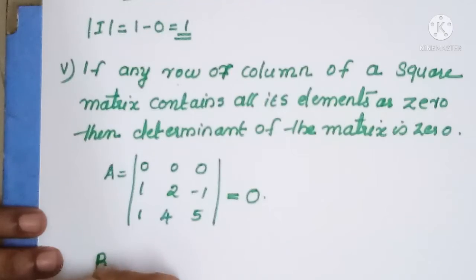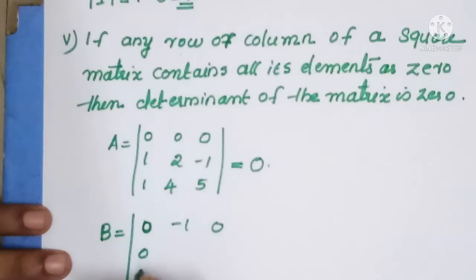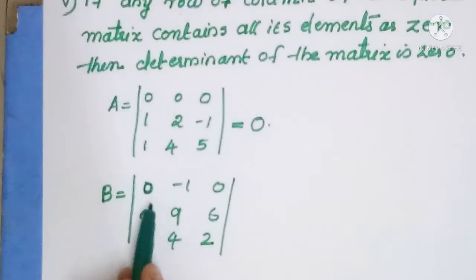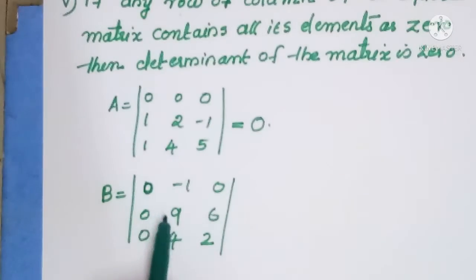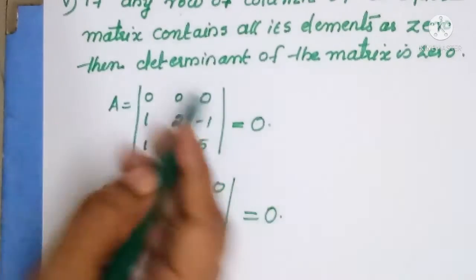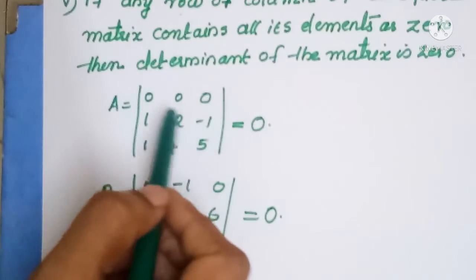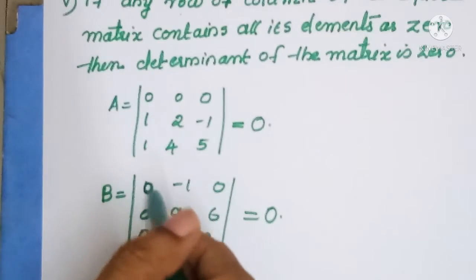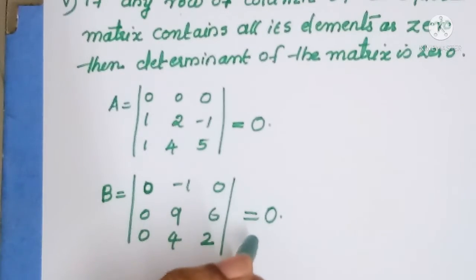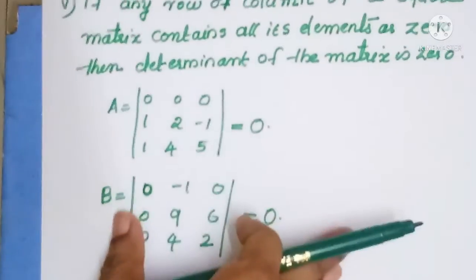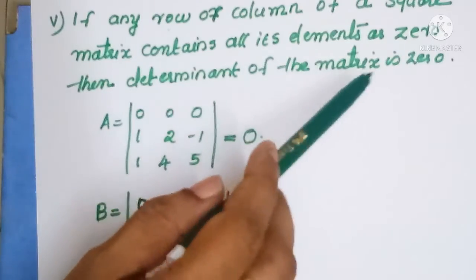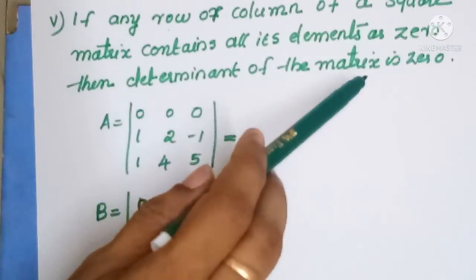Otherwise, we can consider another matrix [0 0; 9 6; 4 2]. If you consider this matrix, all the elements of the first column become 0, then its determinant should be equal to 0. So we can say if any row or column of a square matrix contains all its elements as 0, then the determinant of that matrix is 0.